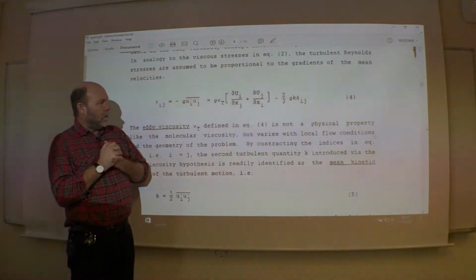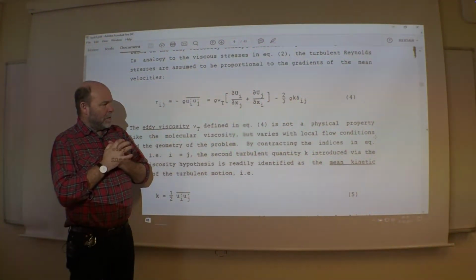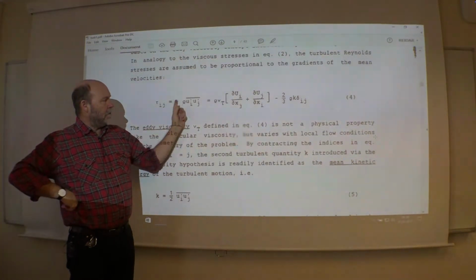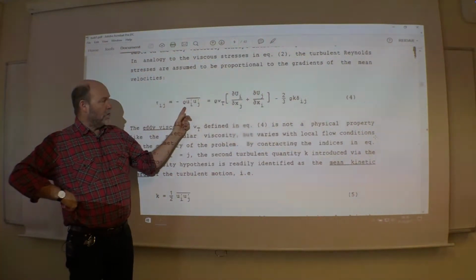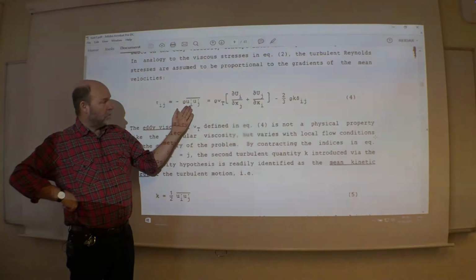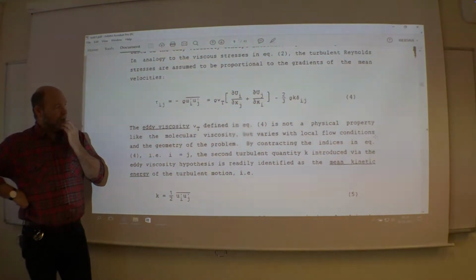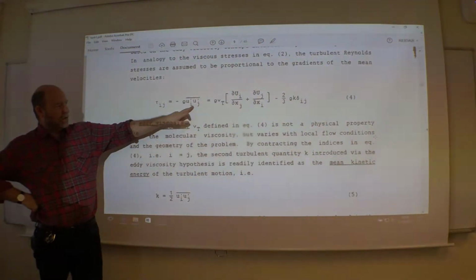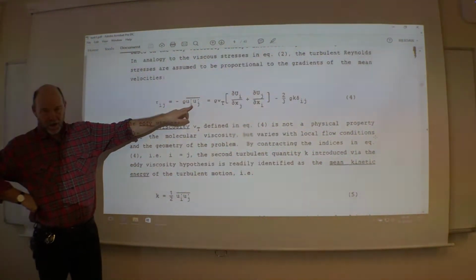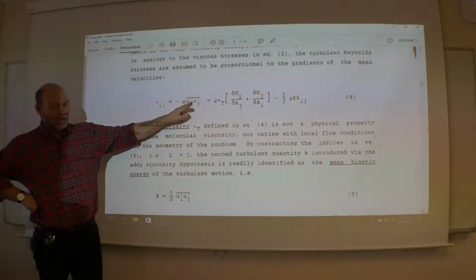Okay, now we are a little bit better off. We had here 6 unknown functions, all 6. It's a full Reynolds stress model. It's actually a matrix consisting of 9 functions, but it's symmetric. So uv equals vu.